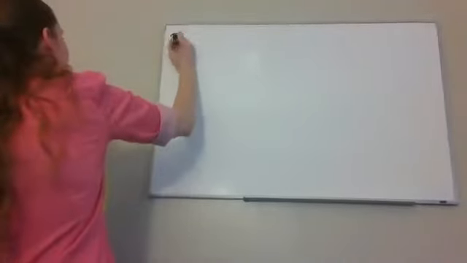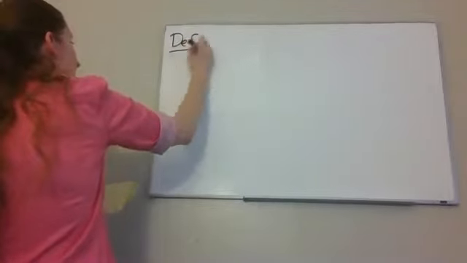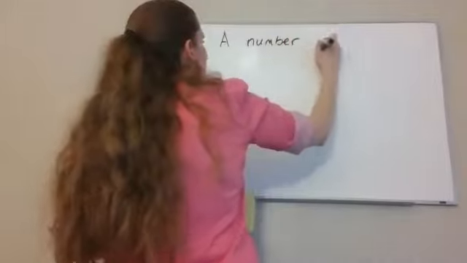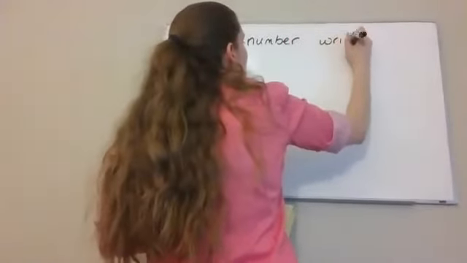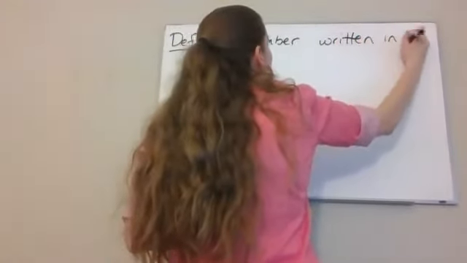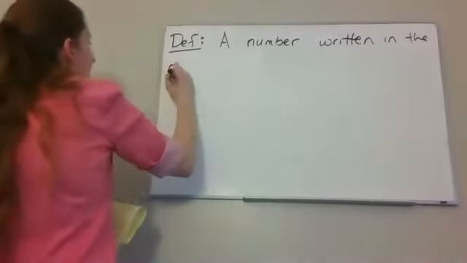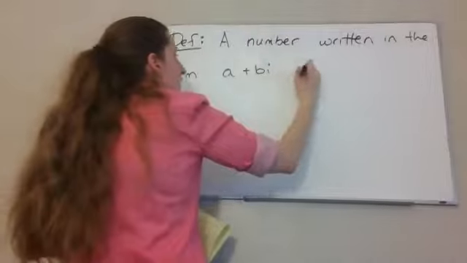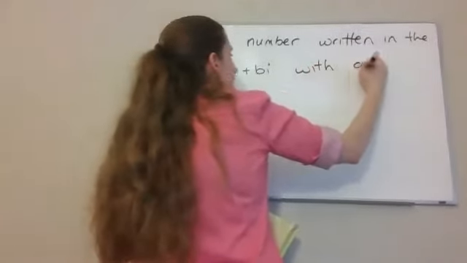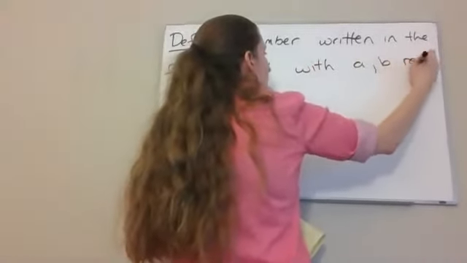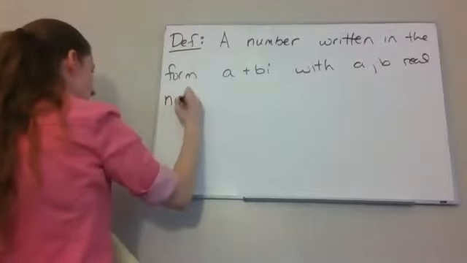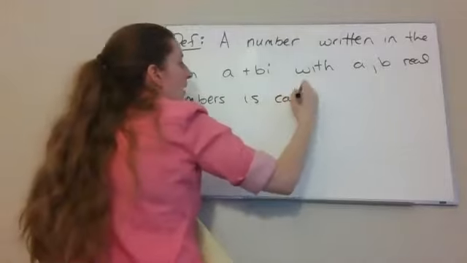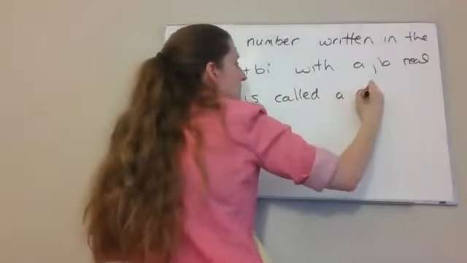The next definition for us: a number which is written in the form a plus bi, with a and b real numbers, is called a complex number.